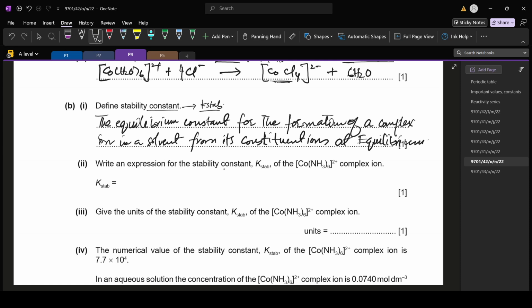Now write an expression for the K stability for this cobalt complex. How will this cobalt complex form?